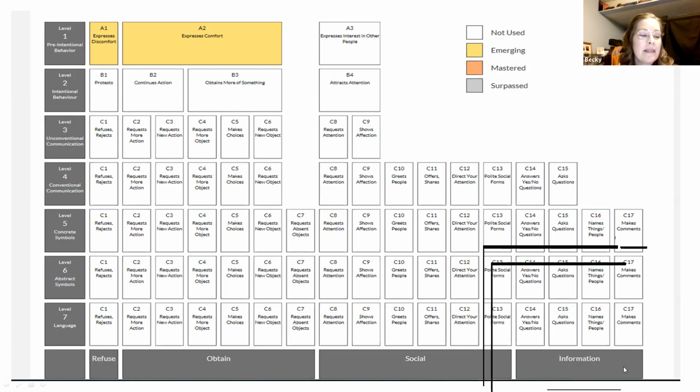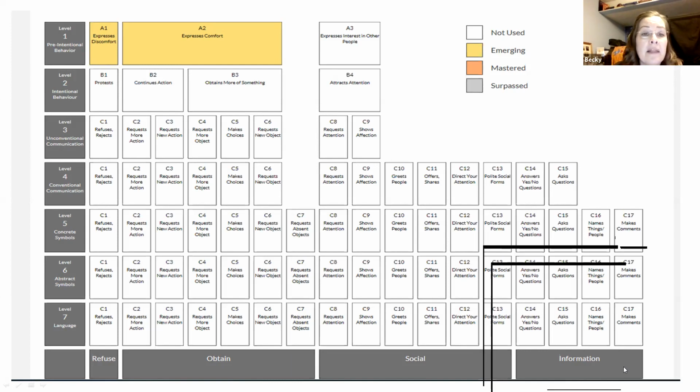And so at this level, we can think about their behaviors being body movements and vocalizations and facial expressions, but also some simple gestures such as tugging on the caregiver's arm or moving the person to the object that they want.